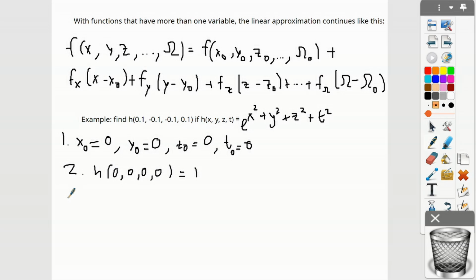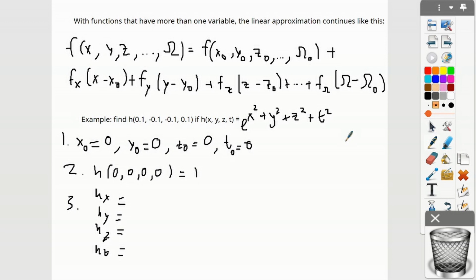3, let's find h sub x, h sub y, h sub z, and h sub t. The thing about these is this is just a chain rule when you take the derivative.